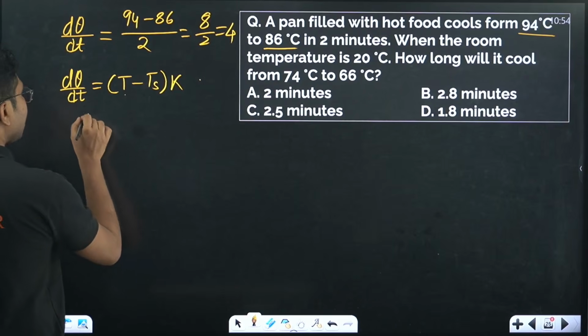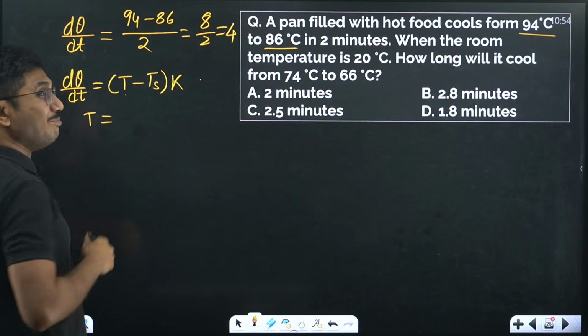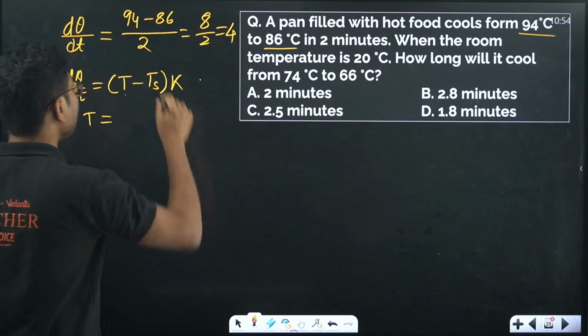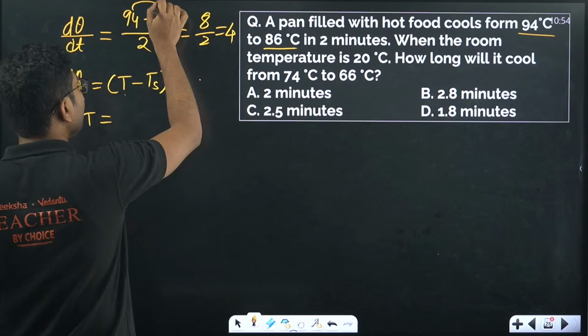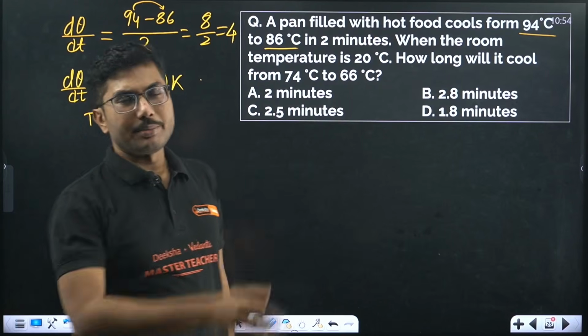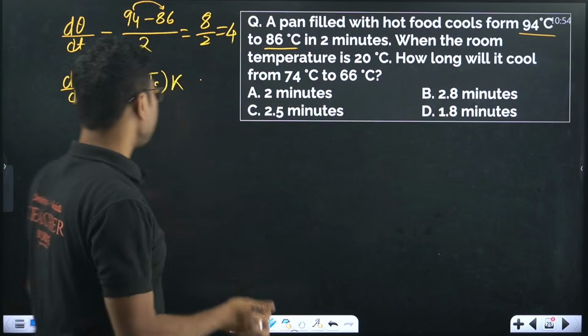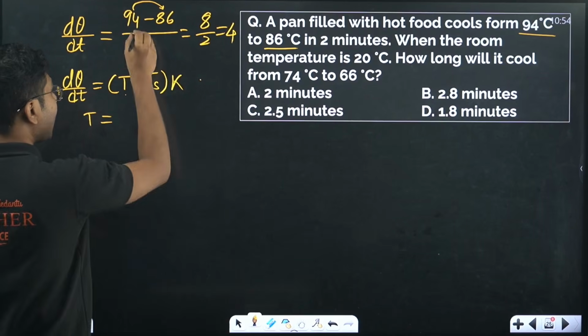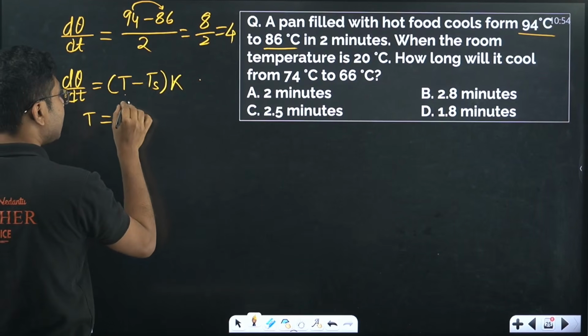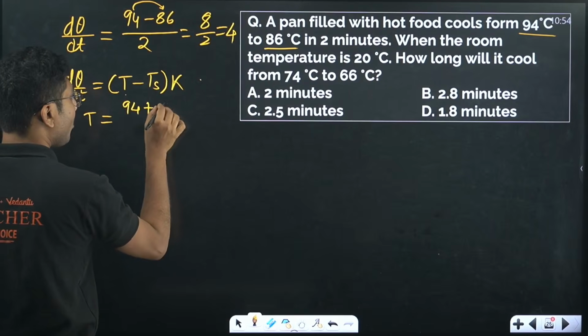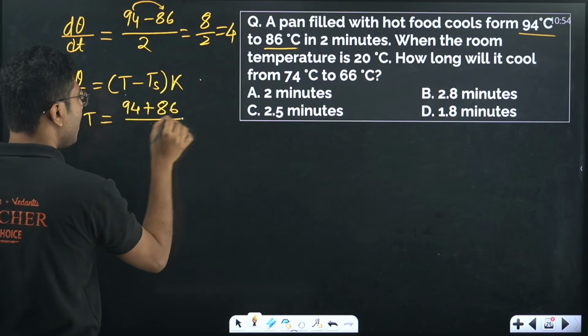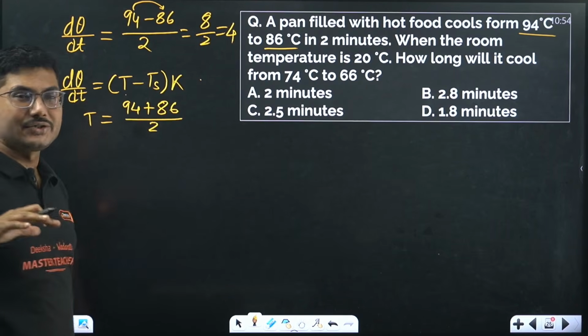The T is actually the mean temperature between from where to where it cools down, because it is not very simple, because it depends on the surrounding temperature. So here this T you have to take not 94, not 86, but the mean temperature from where to where it is cooling down. So during this time, what is the average temperature?